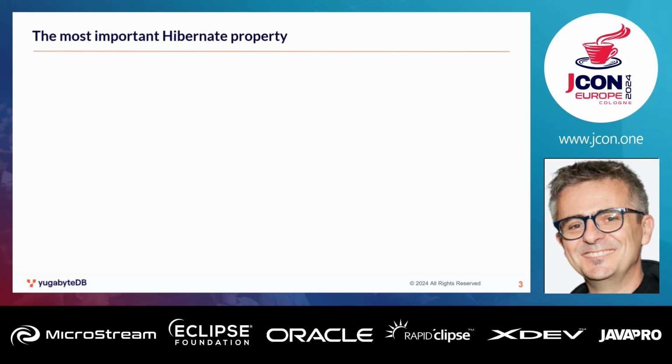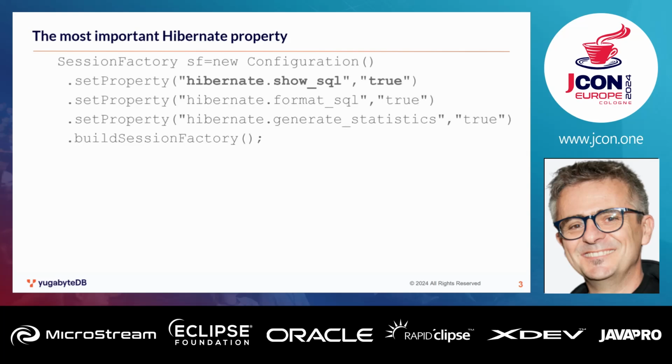Okay, so to start, the most important from my point of view, and my point of view is from the database, is to understand which SQL statement is built and sent to the database.